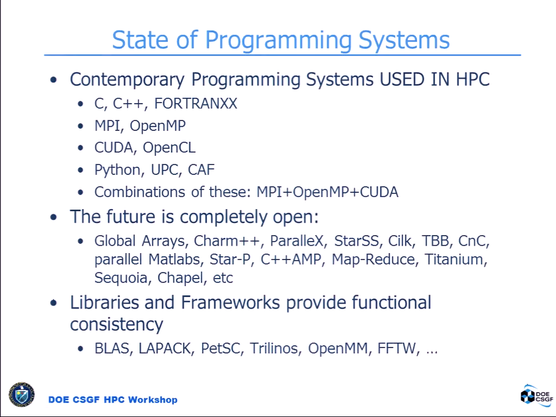And then, of course, it's always nice when you have libraries like BLAS or LAPACK or Trilinos or FFTW that do some of that for you. But right now, even those guys are struggling to understand how to map to things like GPUs that have sometimes very diverse architectures.